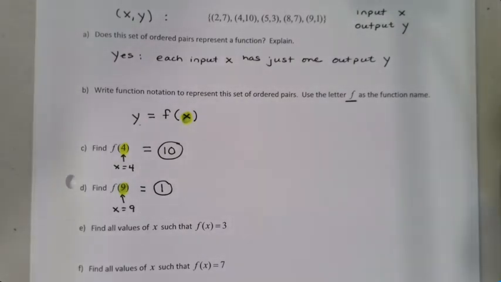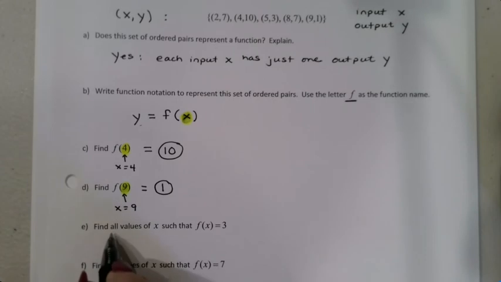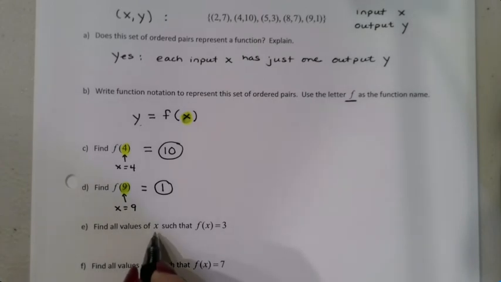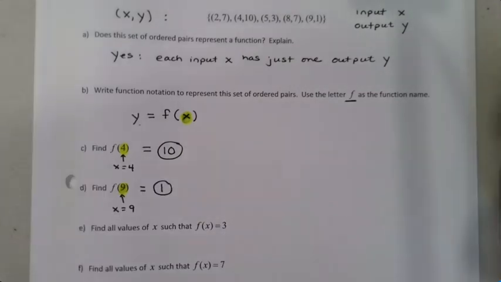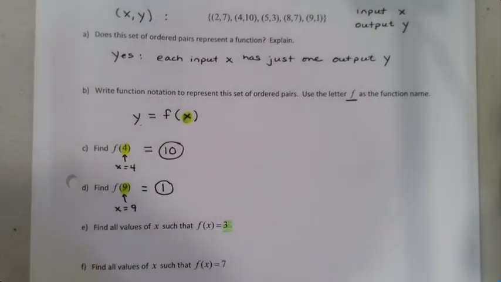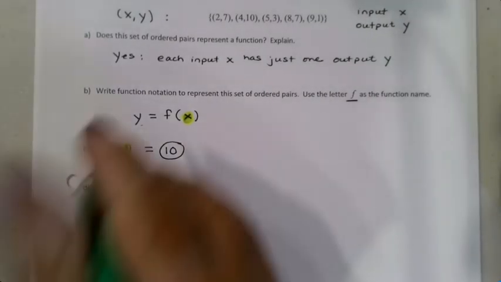It's also possible for me to tell you the output variable. In E, find all values of x, so we don't know the input, such that f of x equals 3. Notice here, the 3 is actually in the same position as the y, right?